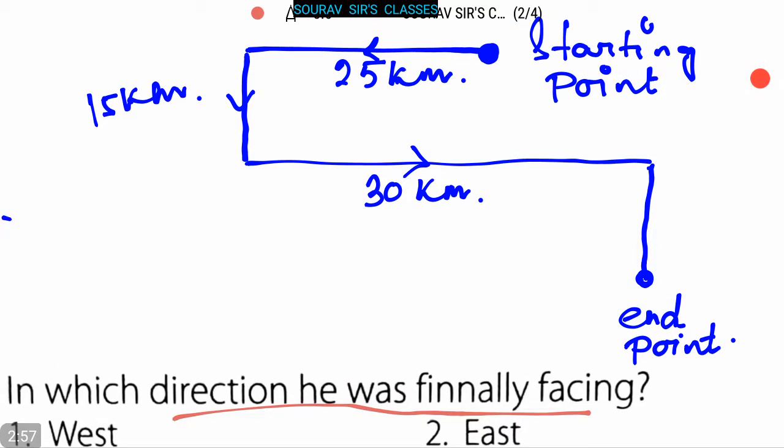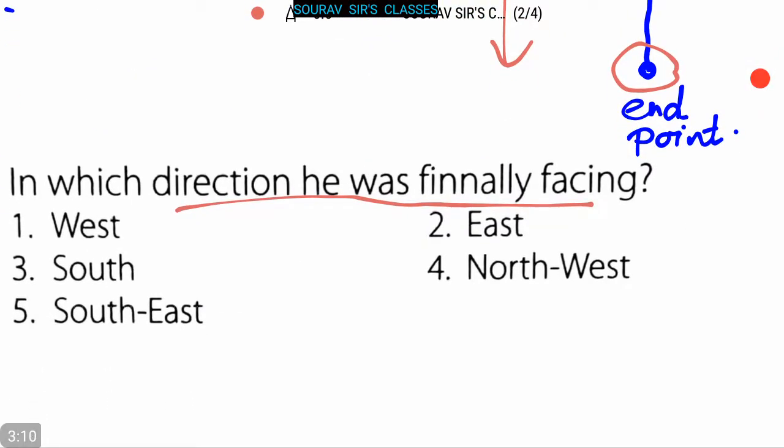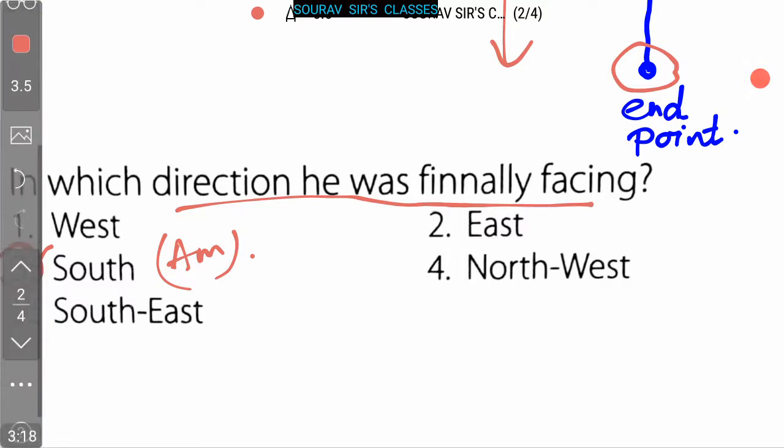So this was his starting point and this was his end point. So he was finally facing towards south. So here option 3, that is south, is the correct answer. Now let's go to our next question.